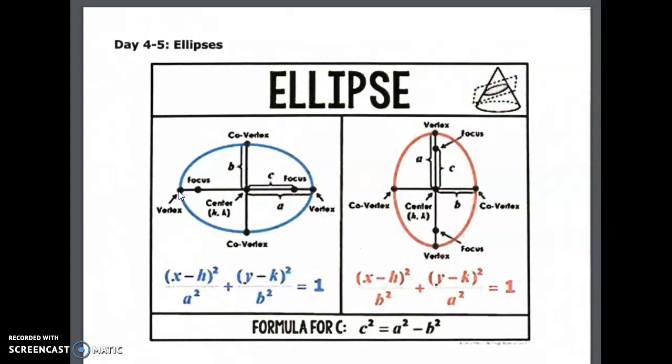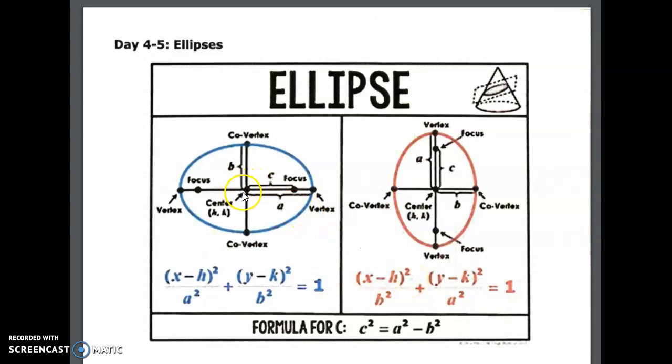The a squared is always going to be oriented along whatever variable is aligning that ellipse. If it's a horizontally aligned ellipse, the a squared, or the major axis measurement, will be paired with the x values. X's are the horizontal ones. And if it's a vertically aligned ellipse, then the a squared, or the major axis, will be aligned with the y values. Otherwise, the two equations are exactly the same.